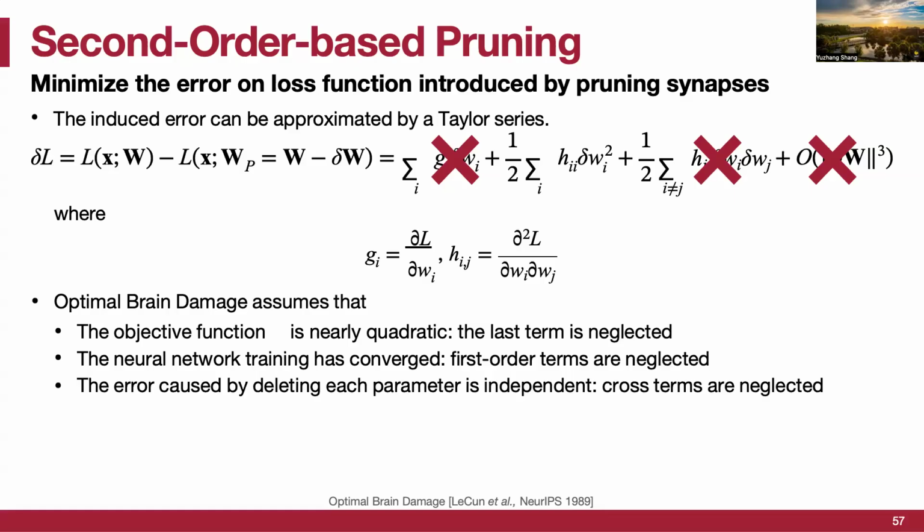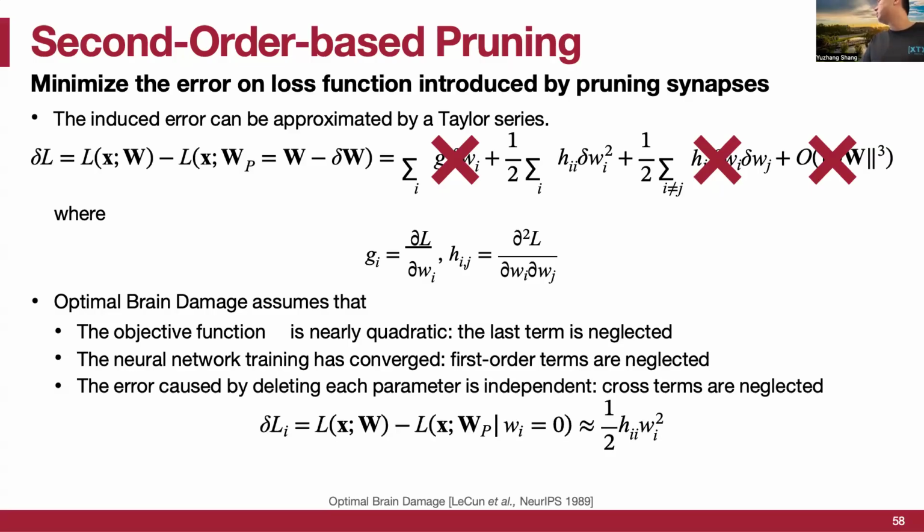So for analyzing this pruning error, we only need to focus on this second order term. So we can get this equation: the pruning error can be approximated by this term. This H_ii is the second derivative for each element in the neural network, right?